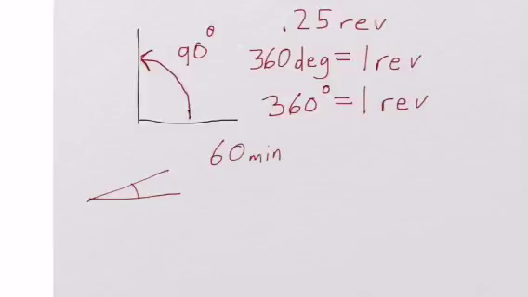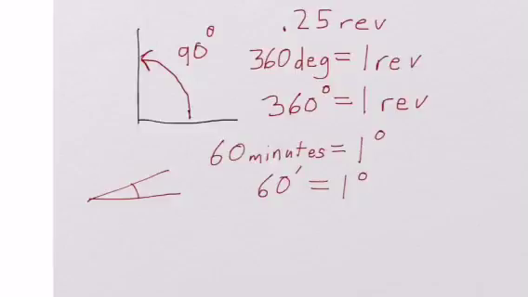The definition of that is 60 minutes is equal to 1 degree. And the notation for that is we will put an apostrophe. So 60 single apostrophes indicates a minute, and we get 1 degree out of that.